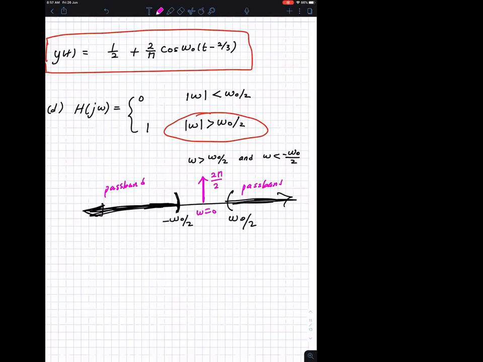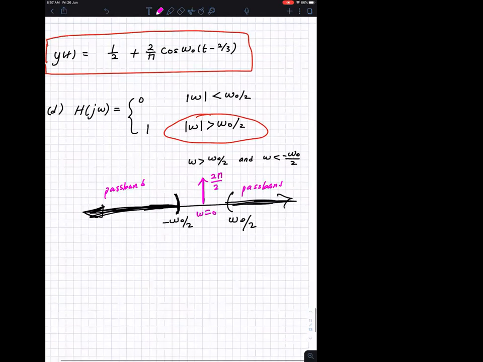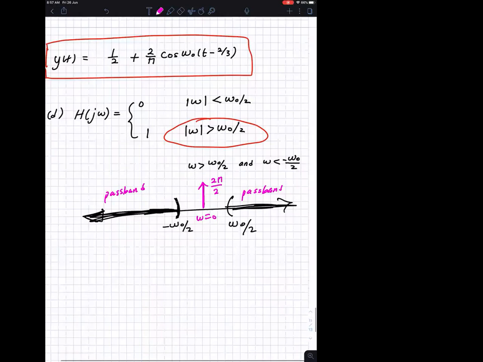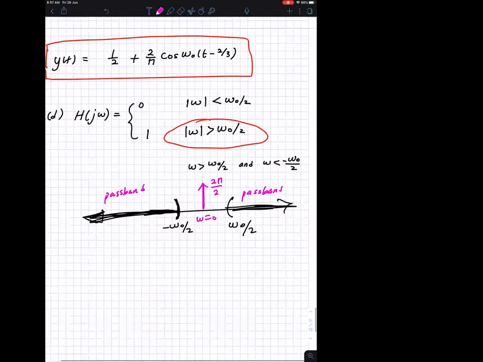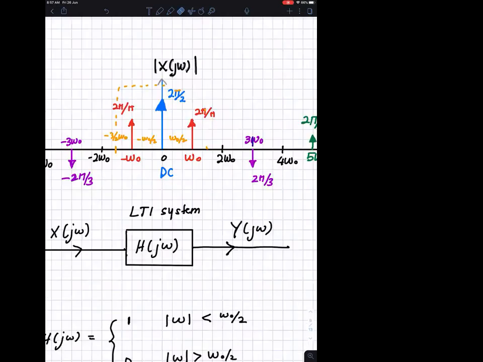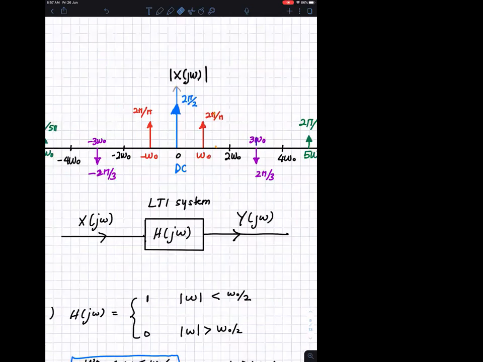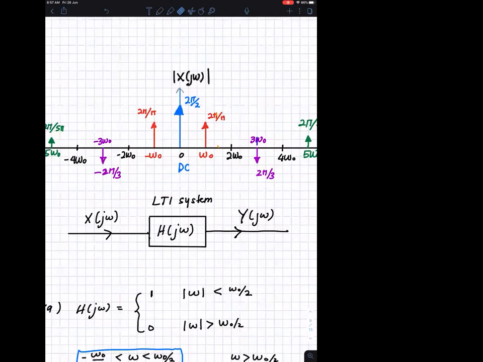Go back to this diagram. So omega naught over 2, minus omega naught over 2.